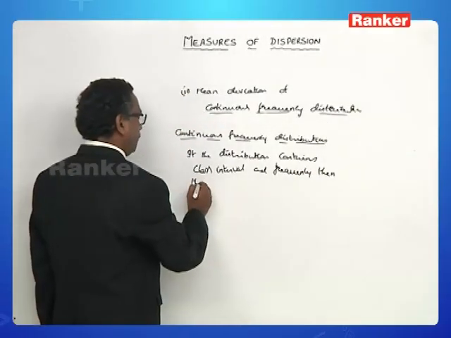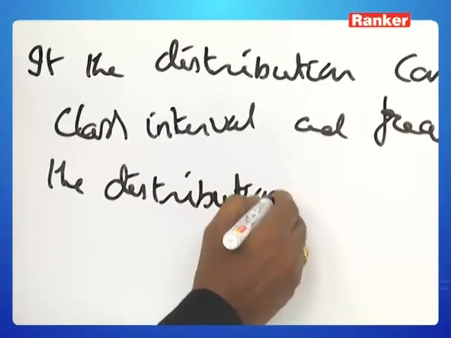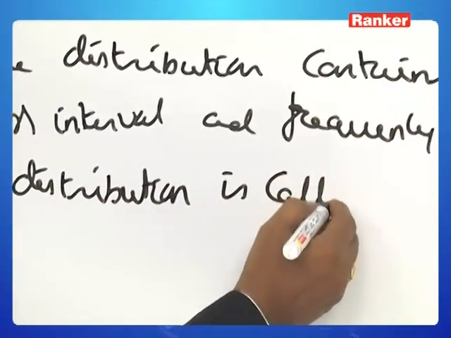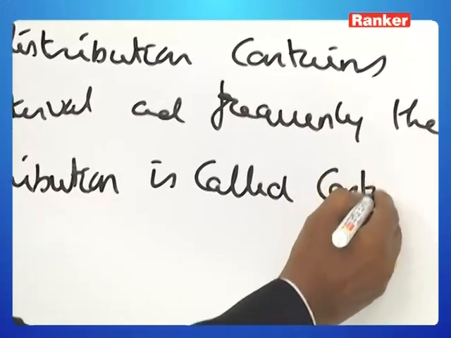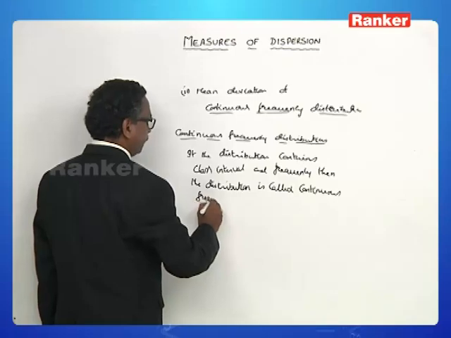Then the distribution is called continuous frequency distribution.